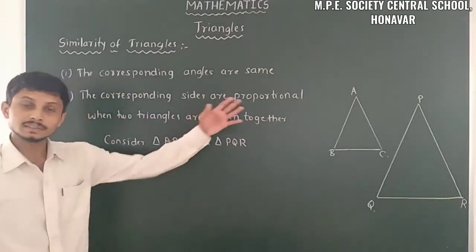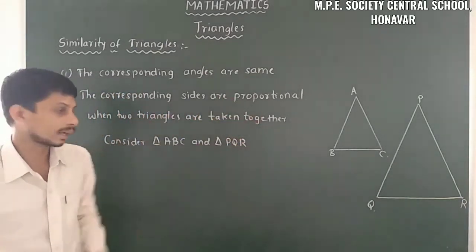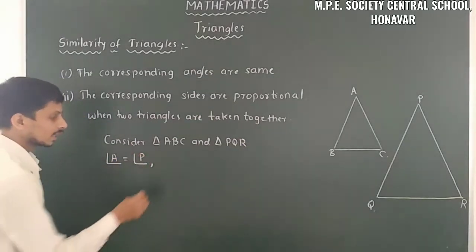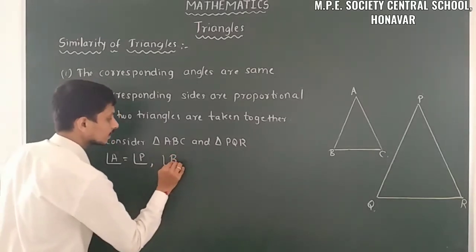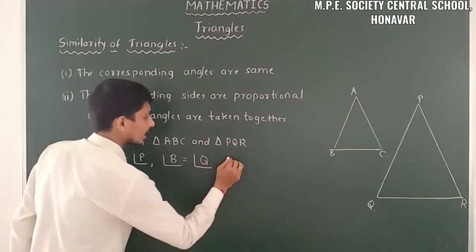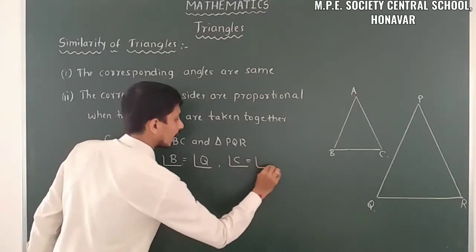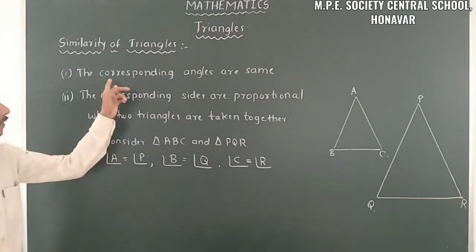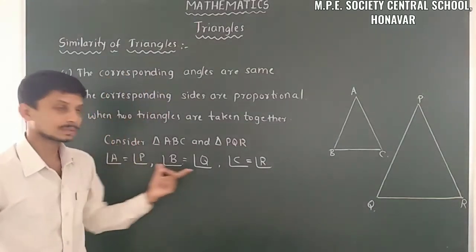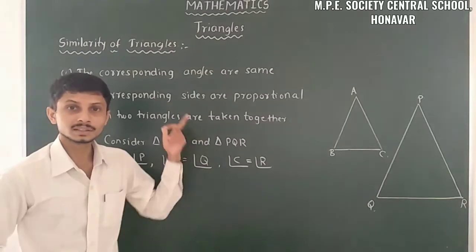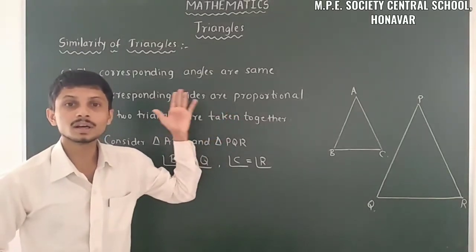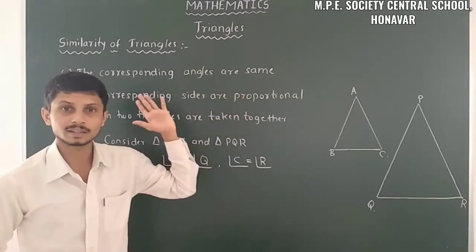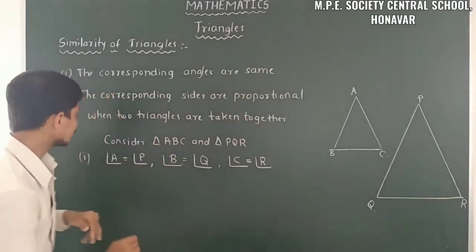In these two triangles, angle A is equal to angle P, angle B is equal to angle Q, angle C is equal to angle R. When it happens, it is the first condition, that corresponding angles are the same. Then it holds good for the first criterion for the similarity of triangles. Then let us consider the second case.